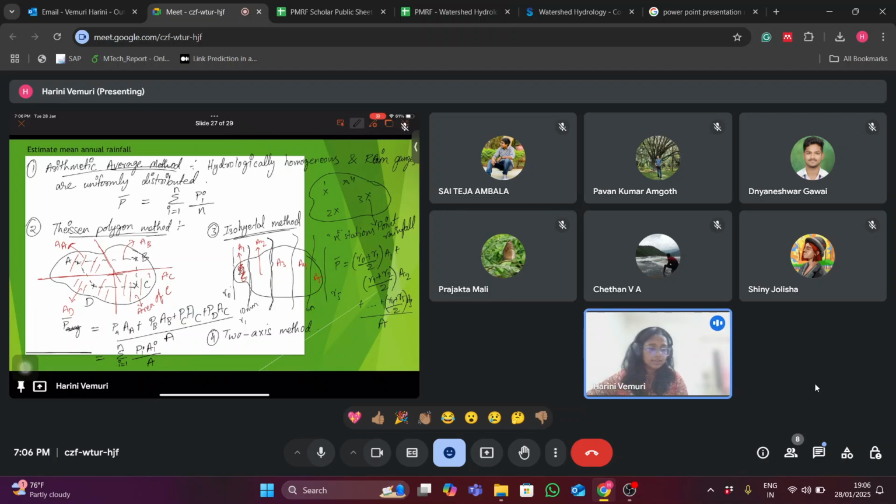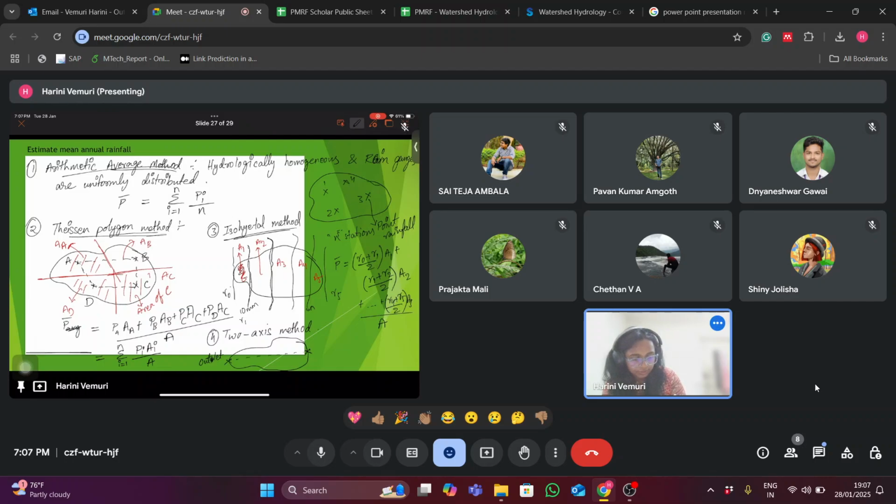In this, I'll give you a brief idea of what we will do. Suppose we have a catchment. First we will delineate the catchment and also find the outlet. Suppose this is the outlet point. And we will find the farthest point from this outlet. So suppose this is our farthest point.